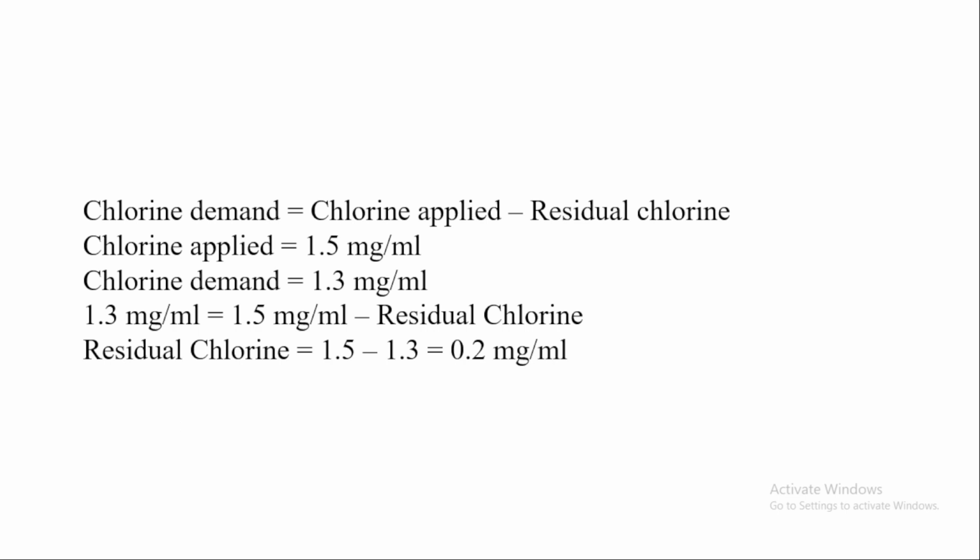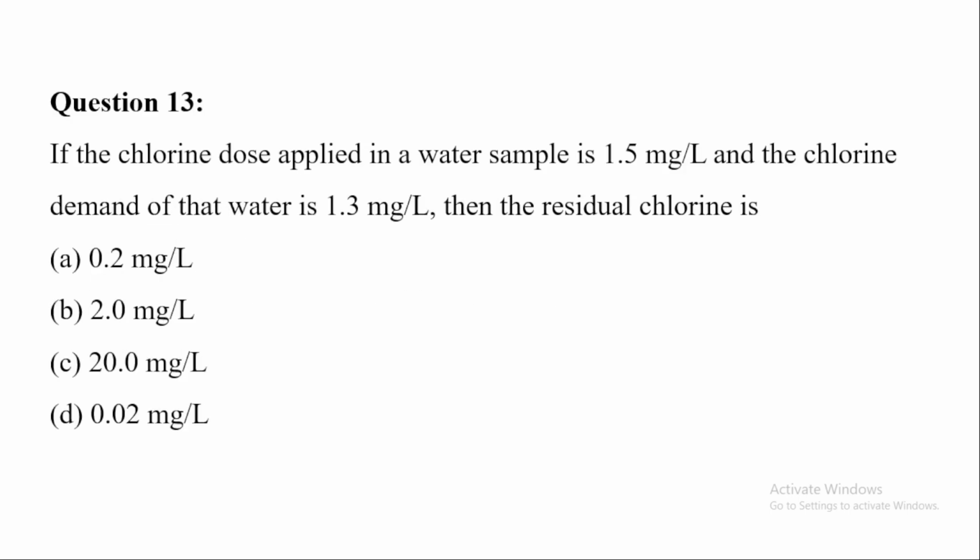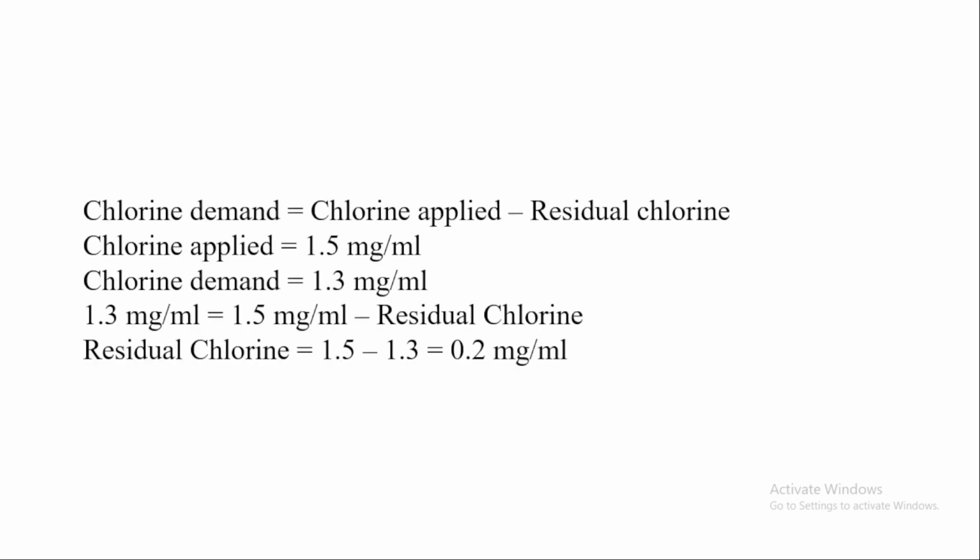So, chlorine applied is 1.5 mg per liter. Is it per ml or per liter? So, it's per liter. Sorry, it's a typing mistake. So, chlorine applied is 1.5 mg per liter.